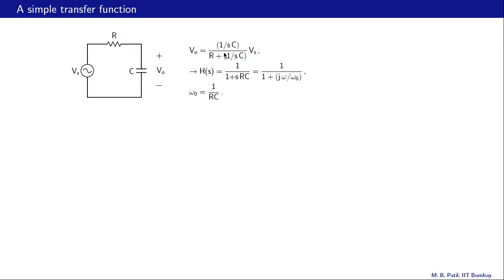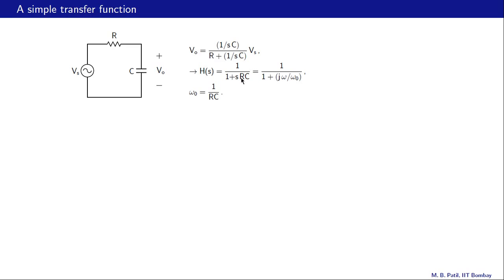So that is 1 over sC divided by R plus 1 over sC times Vs, and these now are phasors, both Vo and Vs.